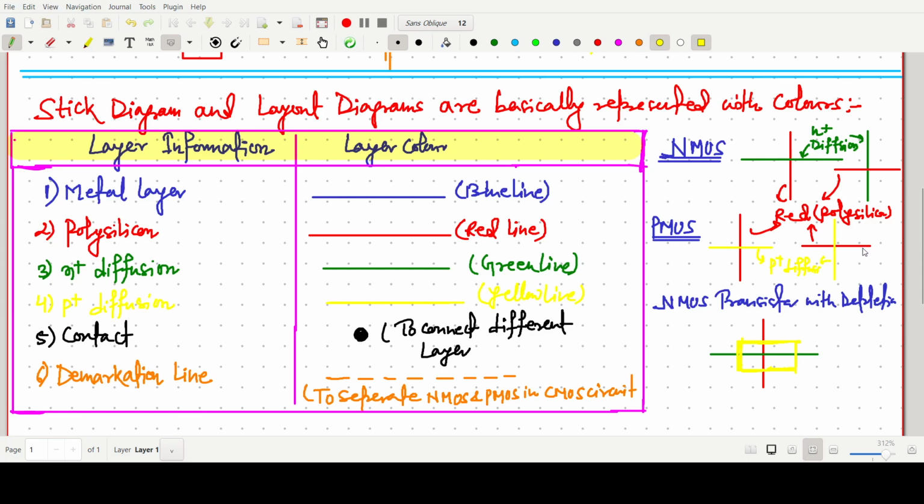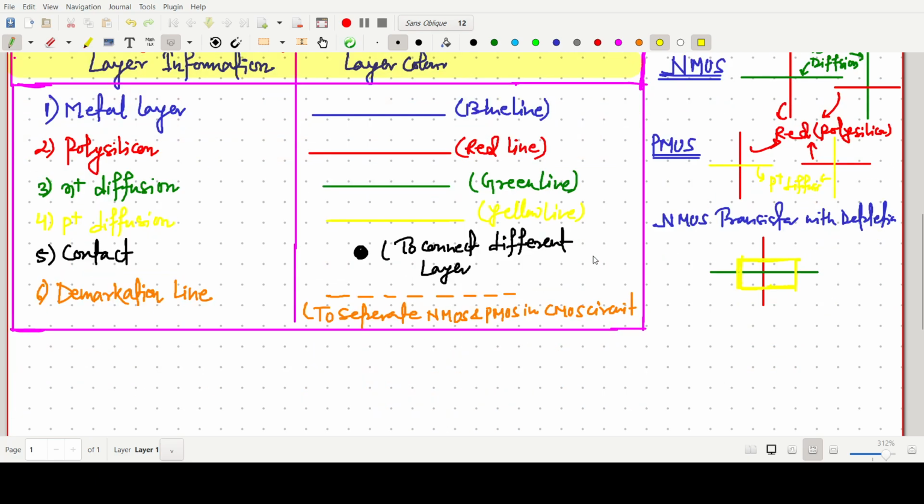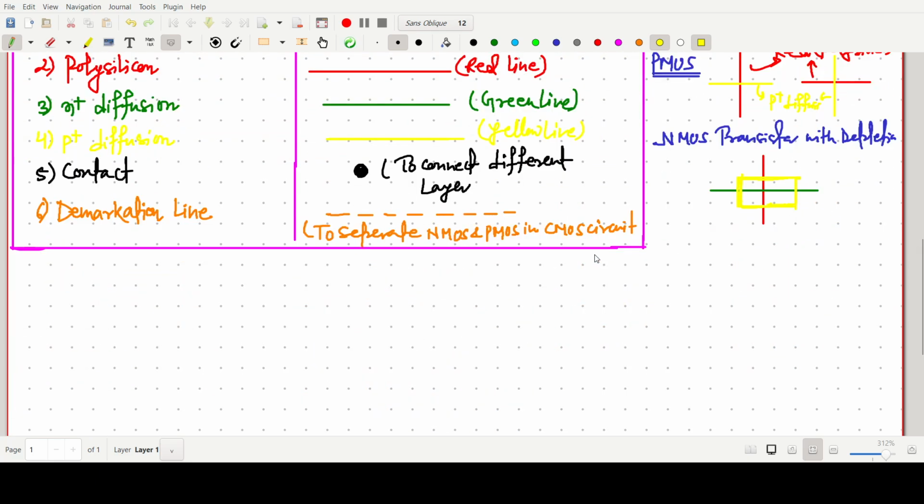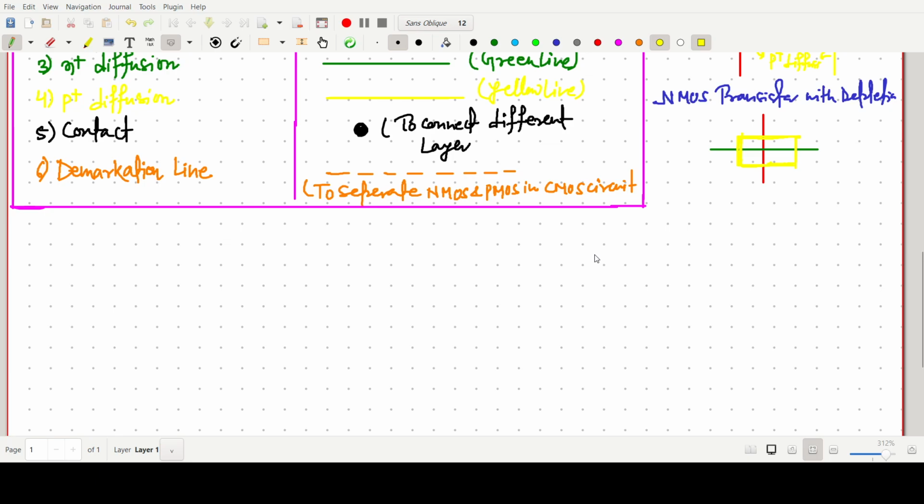So now we will go for some basic rules. Rules to draw a stick diagram.